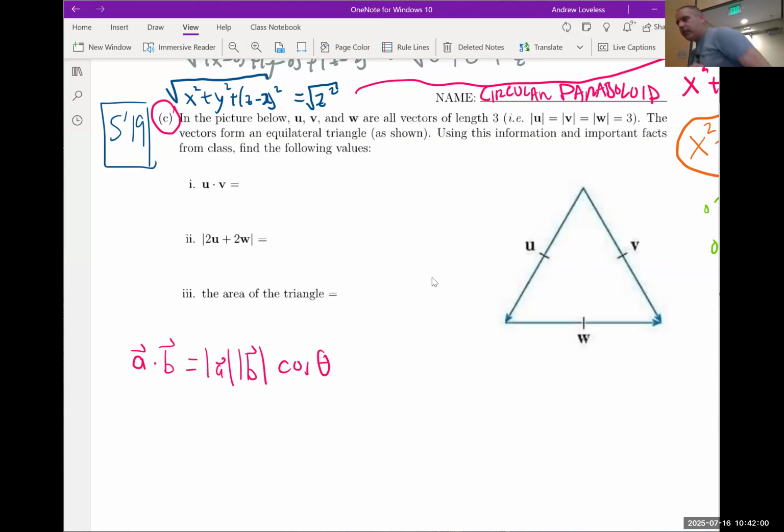That's our 10-star fact. And that's provided there's a key thing in there. What does that theta mean? It's the angle between them, but in particular when they are tail to tail. So that's often an issue in these problems.